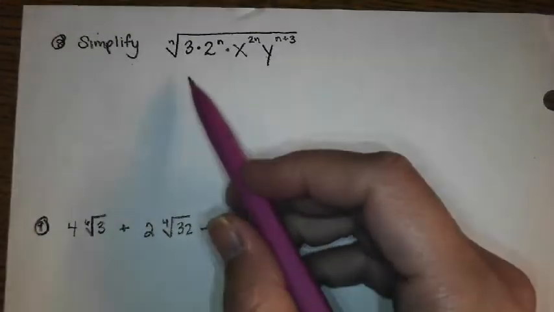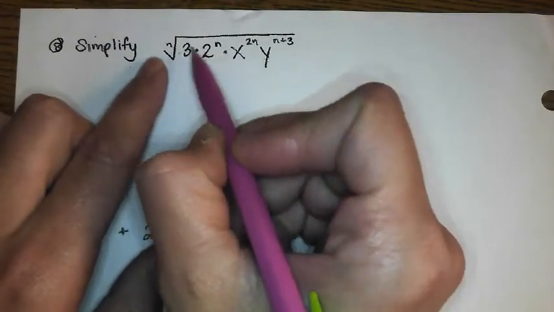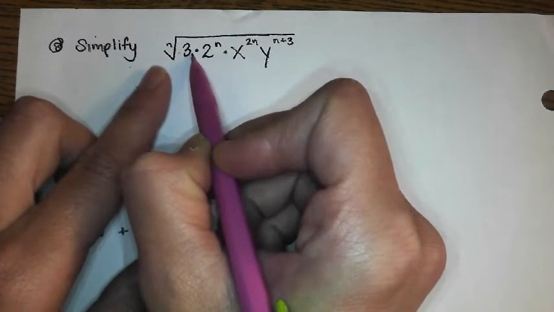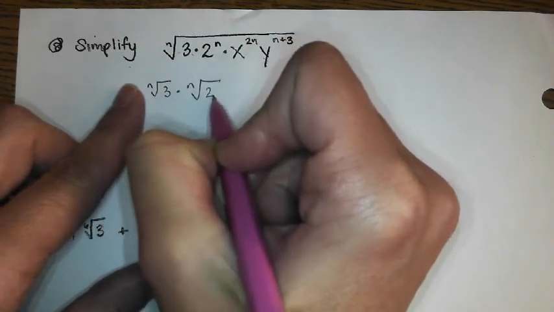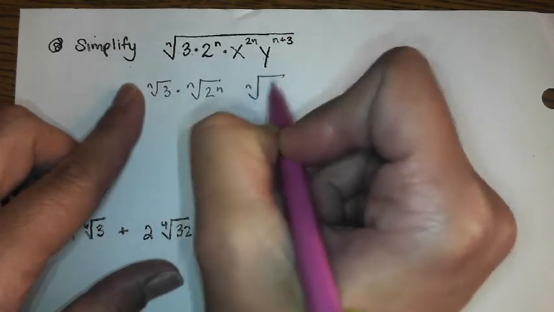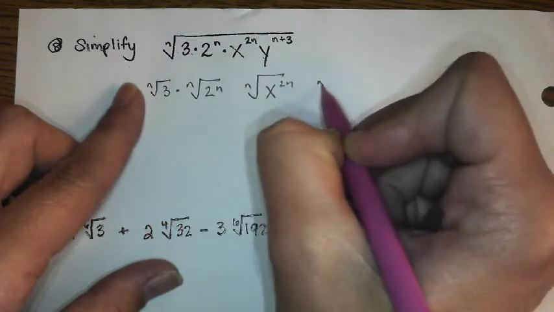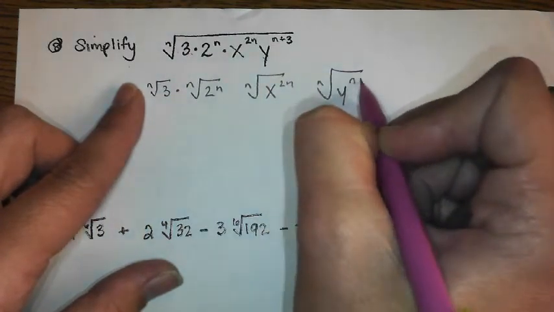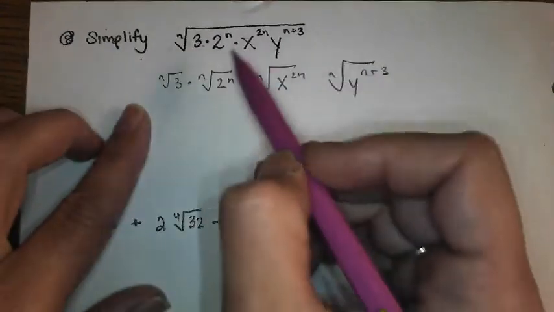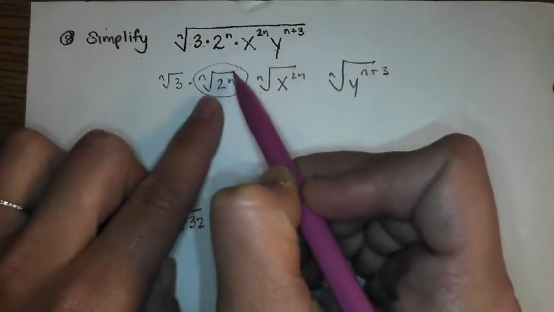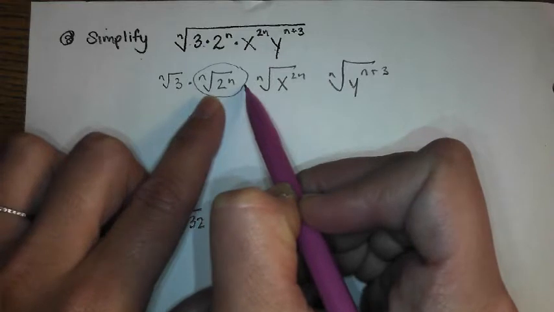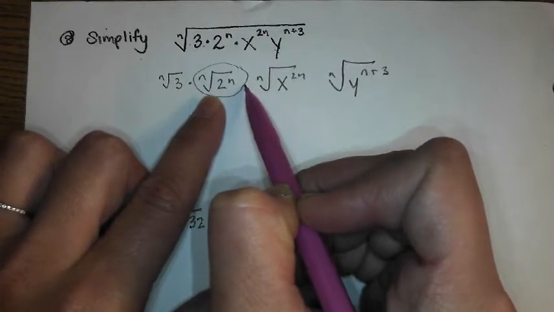But all right, so the nth root of 3 we can't do anything with. Let's do this actually. I'm going to break it all up to show you. And the nth root of y to the n plus 3. So broken up like this, immediately I know the nth root of 2 to the nth power is what? 2, right?